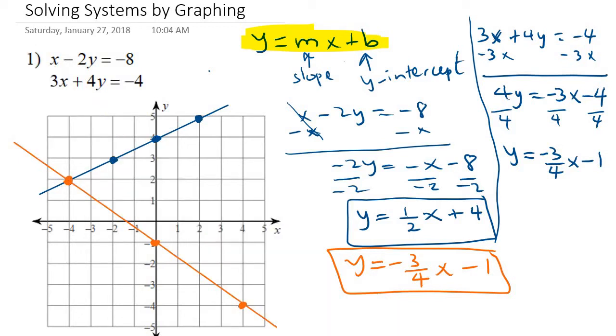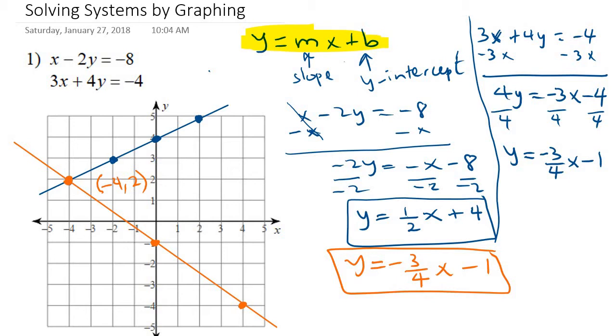So we have an intersection of those two lines at the coordinate -4, 2. This coordinate here is -4, 2. So that represents our solution of this system. We can actually test that this is true by plugging in -4 and 2 into each of them.